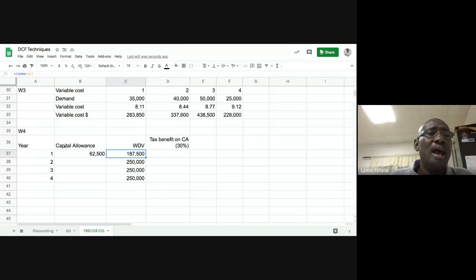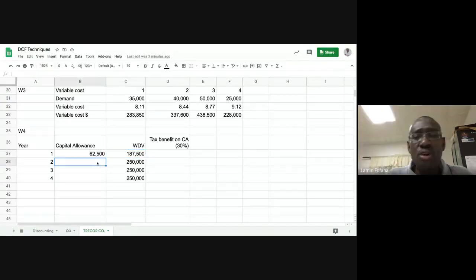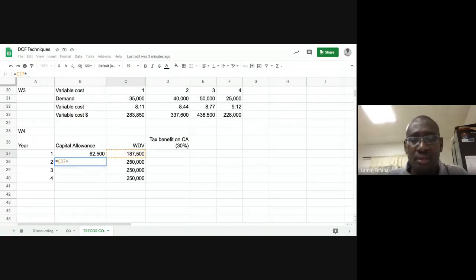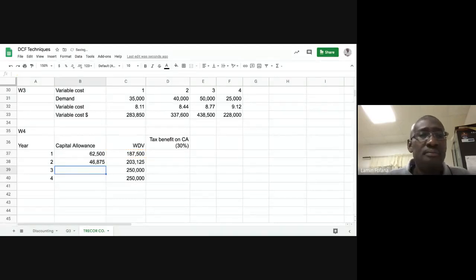That's why we had the 250,000 less what was the capital allowance here to give us this. Then now, whatever this balance is, we're going to multiply this balance with 25% again, 0.25. Okay? So that gave us 46,875.